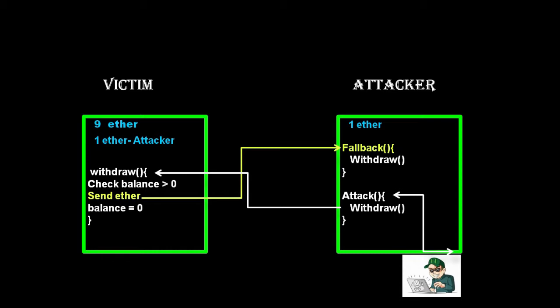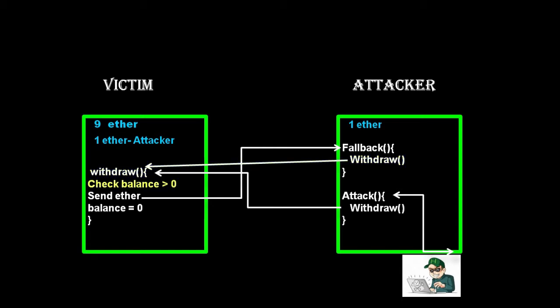Now contract attacker has 1 ether and contract victim has 9 ether. Again the fallback function calls the withdraw function of contract victim. It checks the balance of contract attacker and the check passes because the balance of attacker is greater than 0.